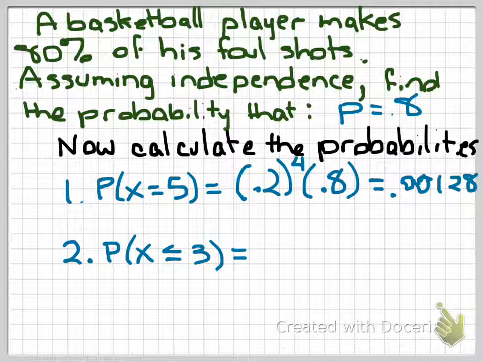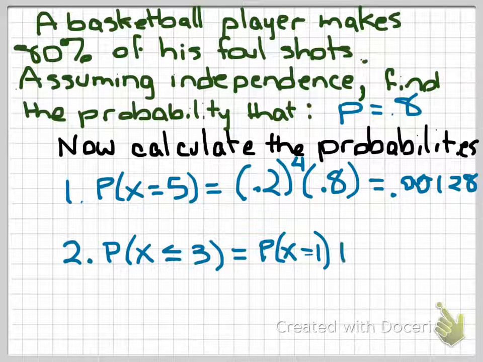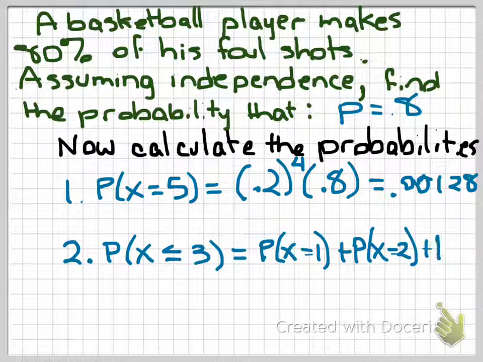And our second question is, what is the probability that the shot that he makes first will be either the first one, the second one, or the third one? So we have to find the probability that x equals 1, plus the probability that x equals 2, plus the probability that x equals 3. So we're going to apply this formula 3 different times.